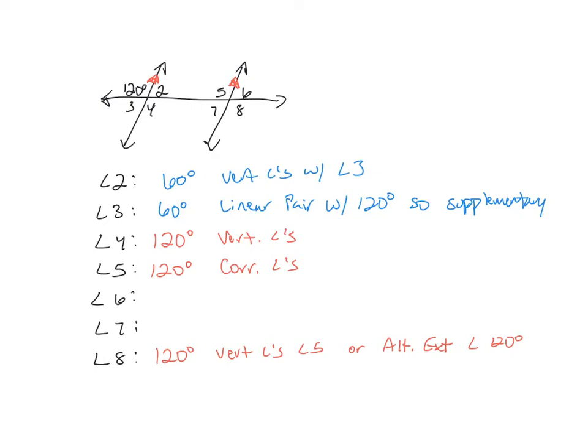So if 2 is 60, then angle 6 is going to be 60, corresponding angles with angle 2. And then we could say angle 7, vertical angles with angle 6, or alternate interior with angle 2.